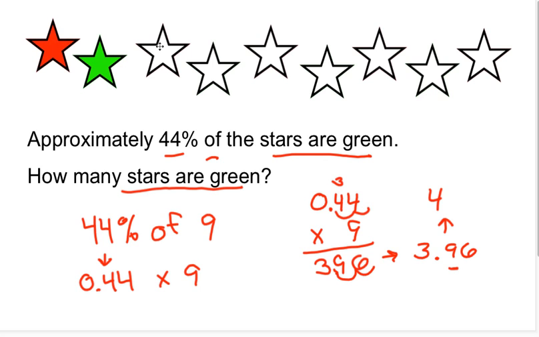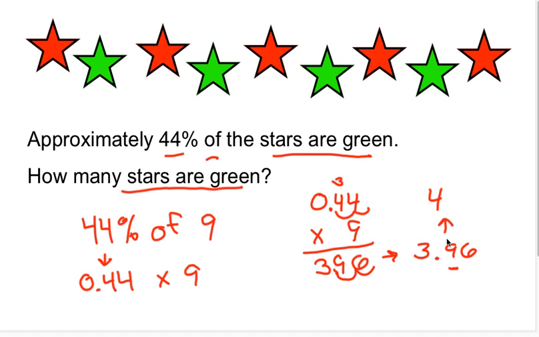We have a green one. Red, green, red, green, red, green, and red. So indeed, the math does tell us that if you have 44% of 9, you will get 4 stars. And again, we rounded up when we came up with our answer.